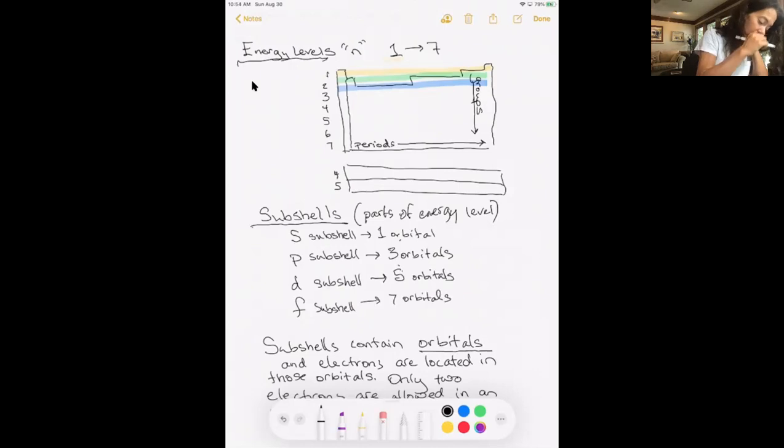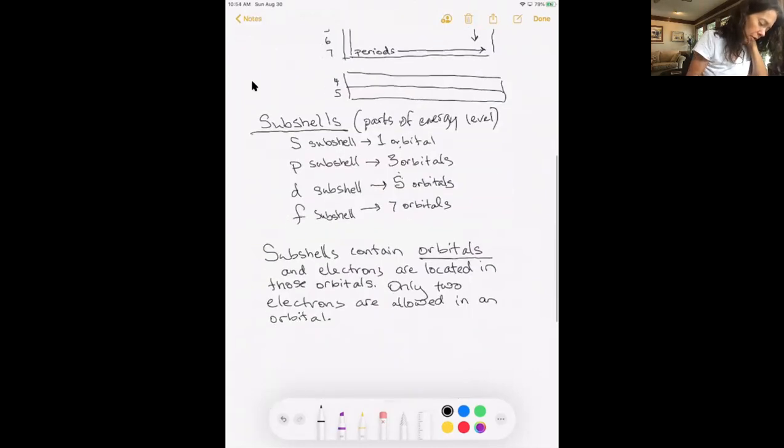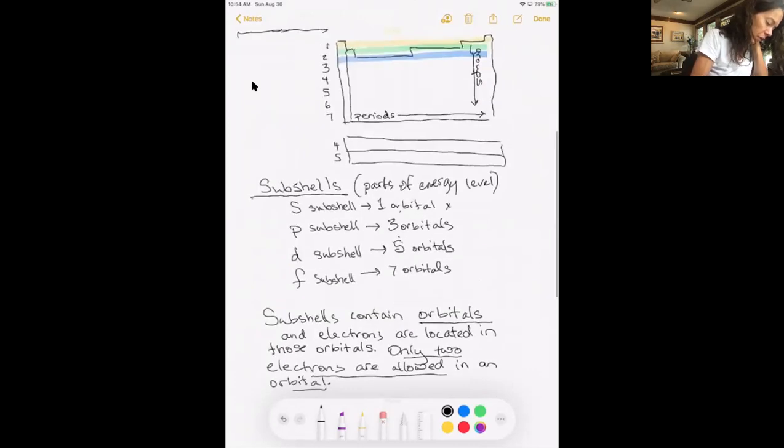Okay, now down here, we said that only 2 electrons are allowed in an orbital. So we have 2 electrons max, right? What does that mean? That means on the S subshell, you can only have a maximum of 2 electrons because there's only 1 orbital and only 2 electrons are allowed in an orbital.